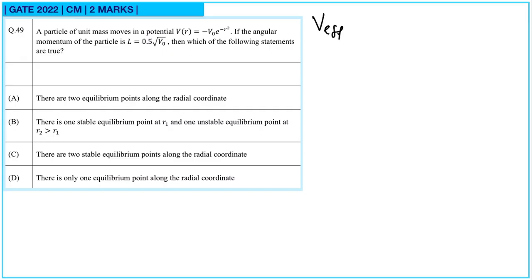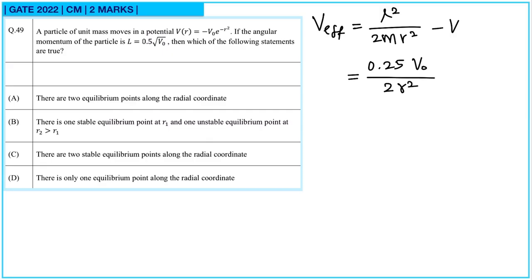Now V effective is equal to L square upon 2 m r square minus V. L is 0.5 root v naught, so this is 0.25 v naught upon 2 m. Mass is unit mass, so m is 1. So 2 r square minus V, minus will become plus, so plus v naught e raised to minus r square.